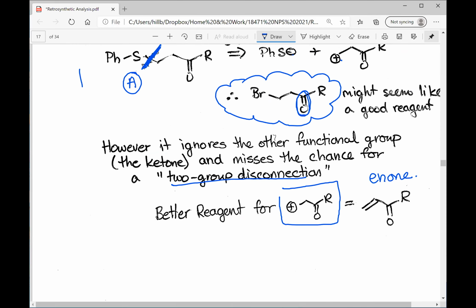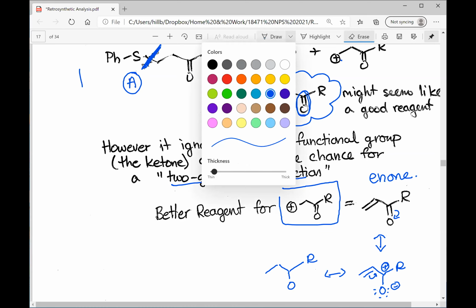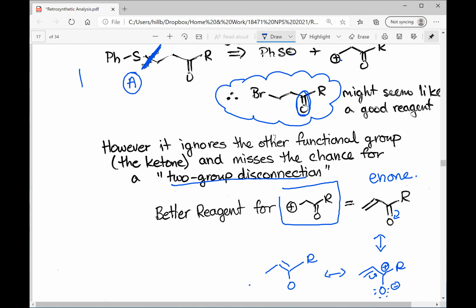If we think of resonance structures of enones, this is one resonance structure. And we could do another resonance structure, negative plus.